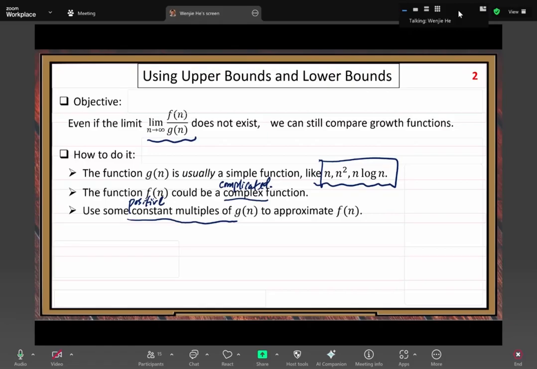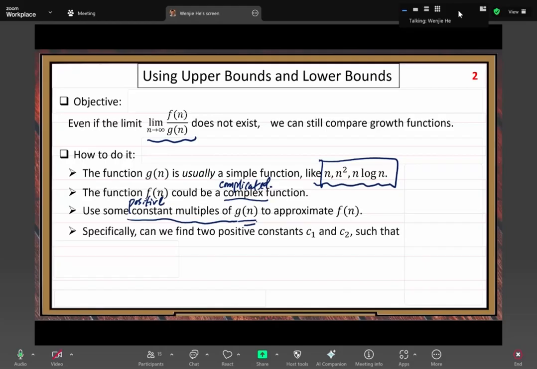Because from the previous slides, all the positive constant multiples of g belong to the same category of g function. You scale g function by any positive constant number, up or down, and those functions are in the same category. Here we use functions in the same category to approximate f function.